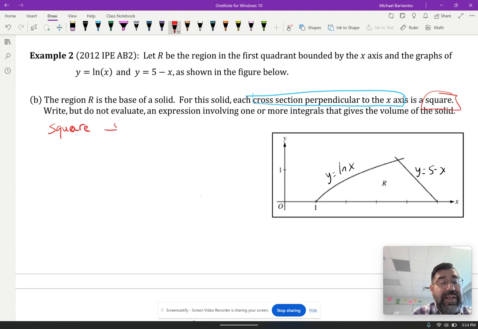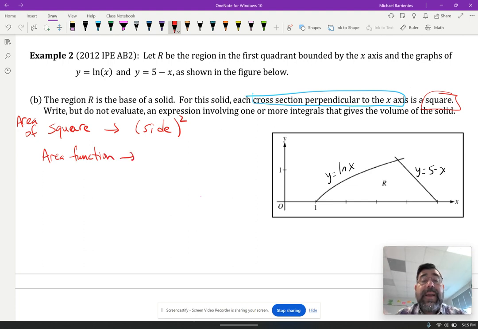And I know that to find the area of a square, I just take the side and square it. So that's going to lead us to the area function of a square, which means if I were to draw a perpendicular cross section to the x-axis, it would look like this, right?